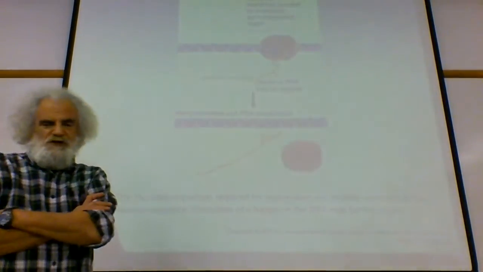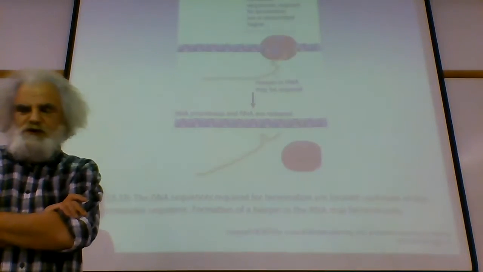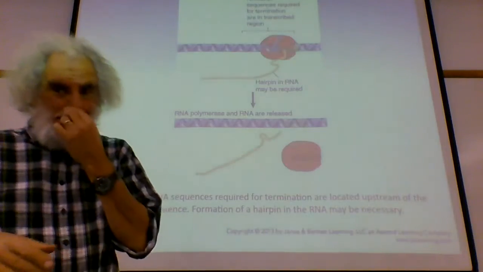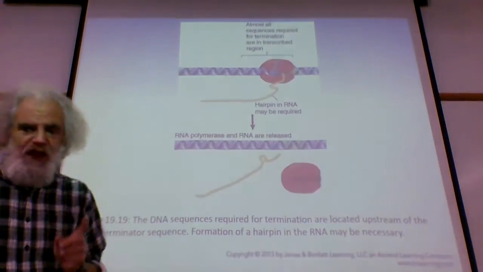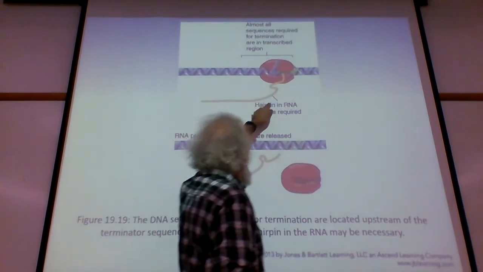The sequences required for termination are actually being transcribed. And what folks have done is compare this sequence in all these different terminal ends and develop consensus sequences. And a couple of interesting things have come about. First off, very often the RNA is able to form a hairpin.